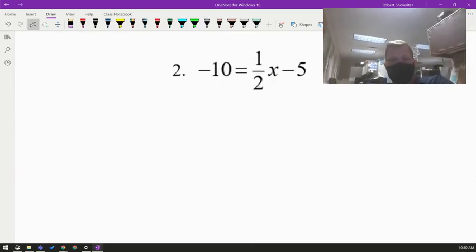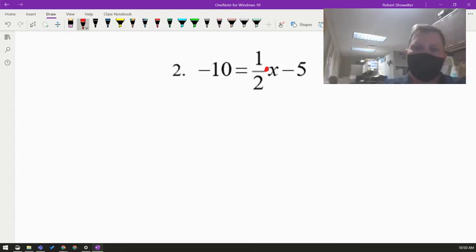Over here with number 2, look at how to get rid of it, which bond on the variable is weaker. Is it times or is it minus? Well, it's minus. Again, it's the inverse of the order of operations. The very last thing we would do with order of operations would be add and subtract. So we're going to get rid of that first if we can.